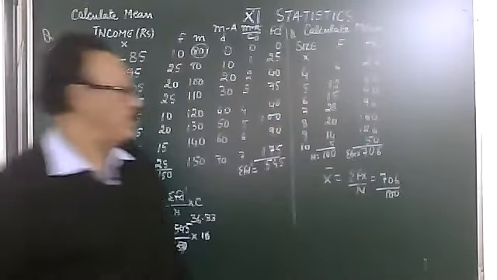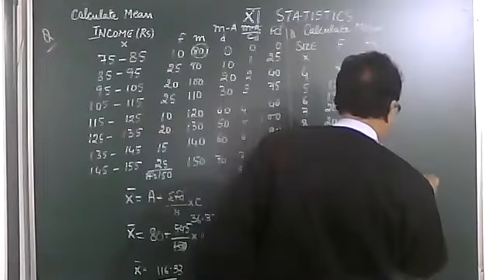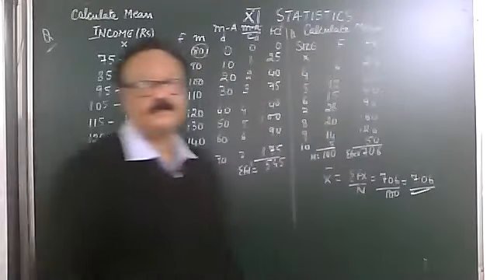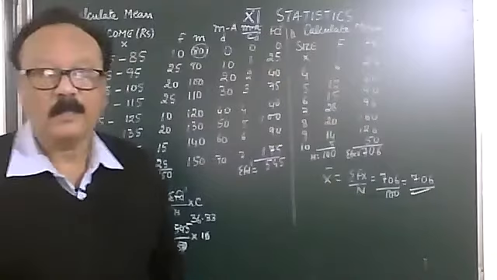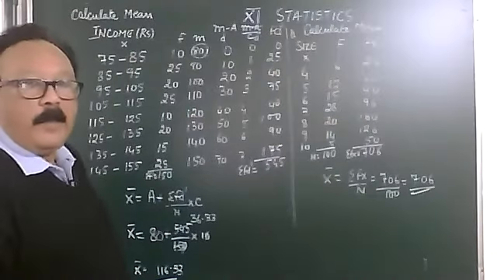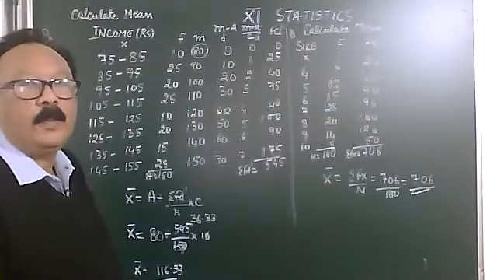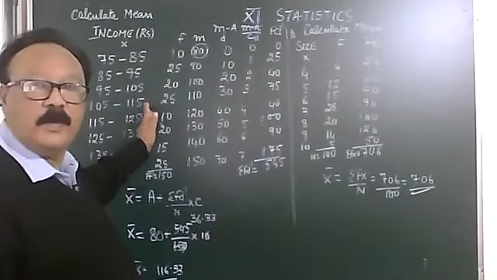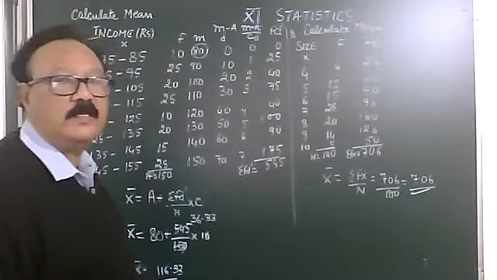How much would that be? Consider the decimal: 7.06. Okay. So we have done one question on continuous series, one question on discrete series.